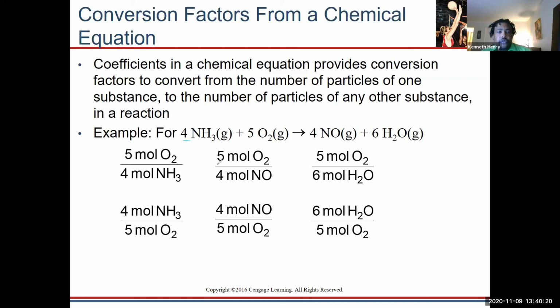And so I can use these to make fractions or factors, and I can flip them any way I need to, depending on what's given. So this gives me power to use those chemical equations as kind of like a recipe. I can scale up or I can break down as needed. You guys are with me?